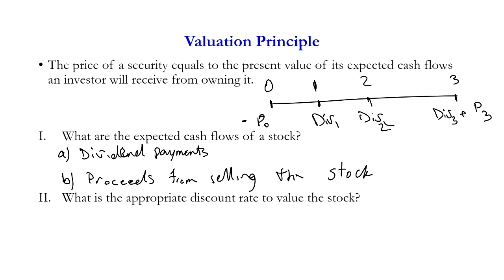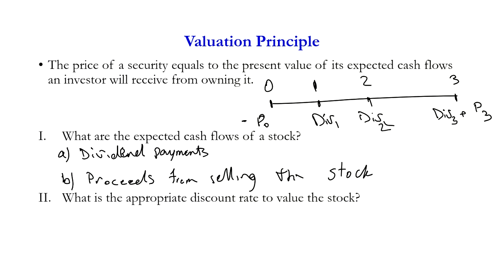The next thing that we need to know is the appropriate discount rate to discount these expected cash flows to the present time. Can I use the risk-free rate to discount these expected cash flows for stock? The answer is no. These expected cash flows, the future dividend payments and the stock price at a future date, are not known with certainty.